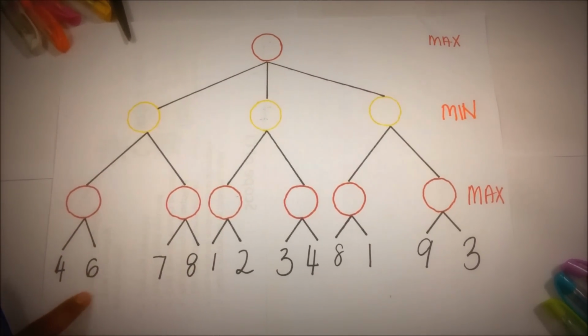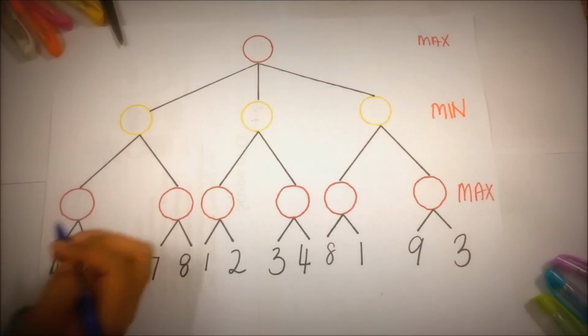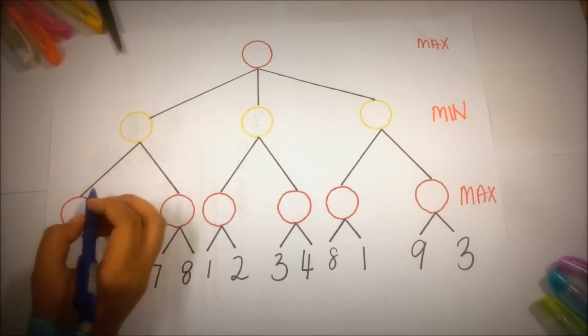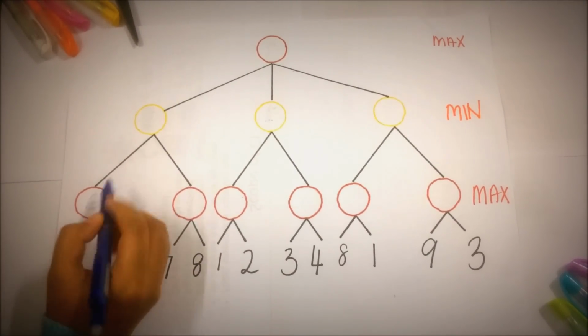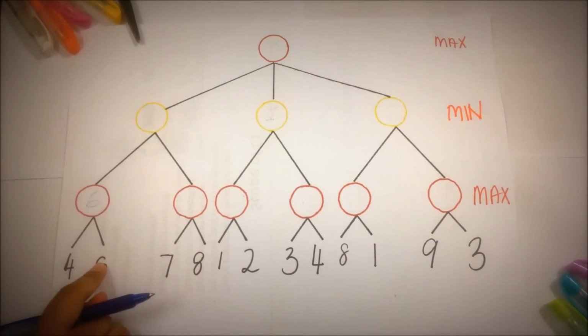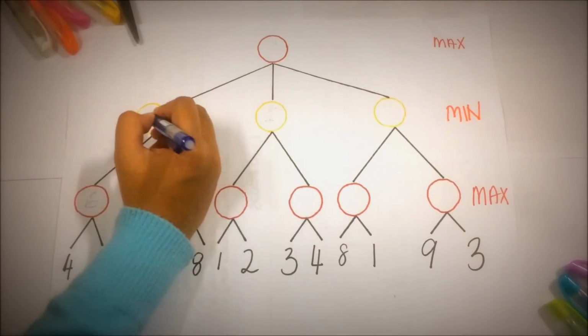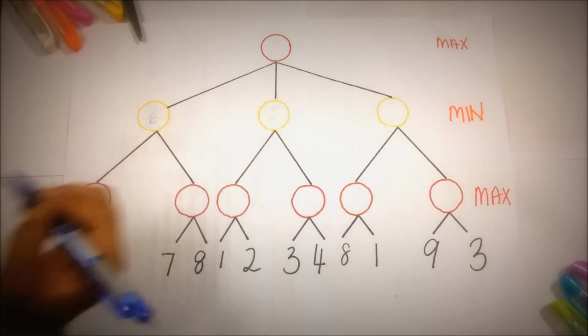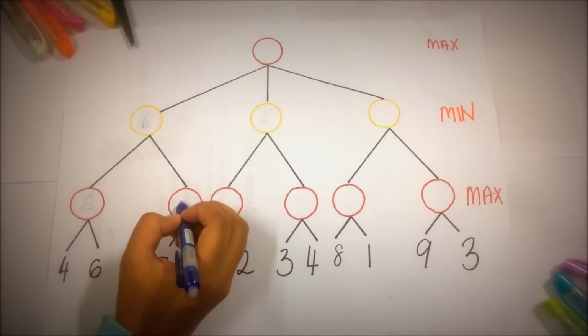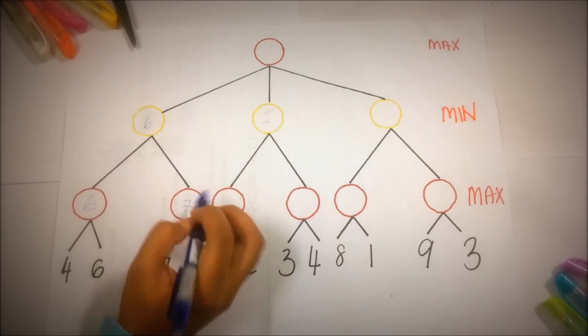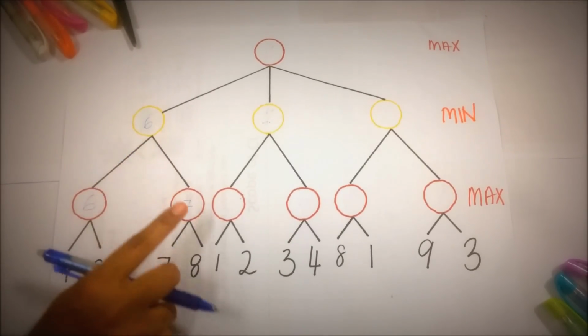For the leftmost subtree, we are actually implementing Minimax. So between 4 and 6 for the maximum ancestor, we will choose 6 since 6 is greater than 4. Next, we will evaluate 7. 7 is the alpha, while 6 is the beta.